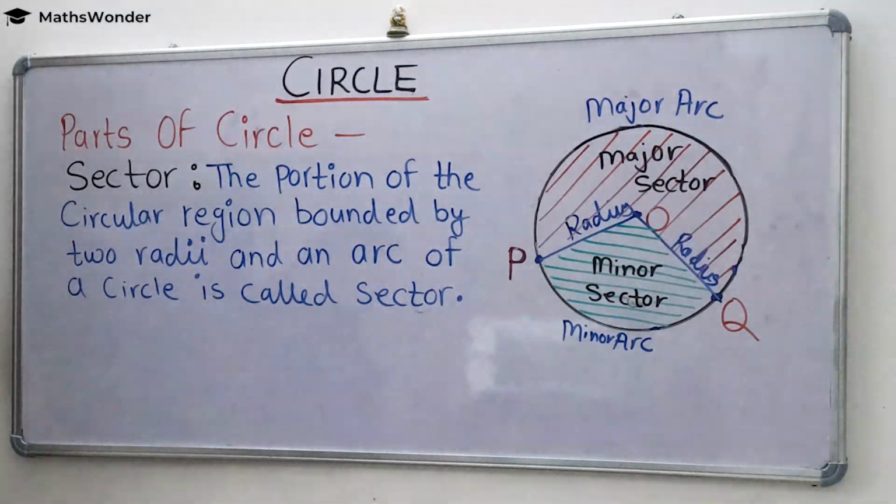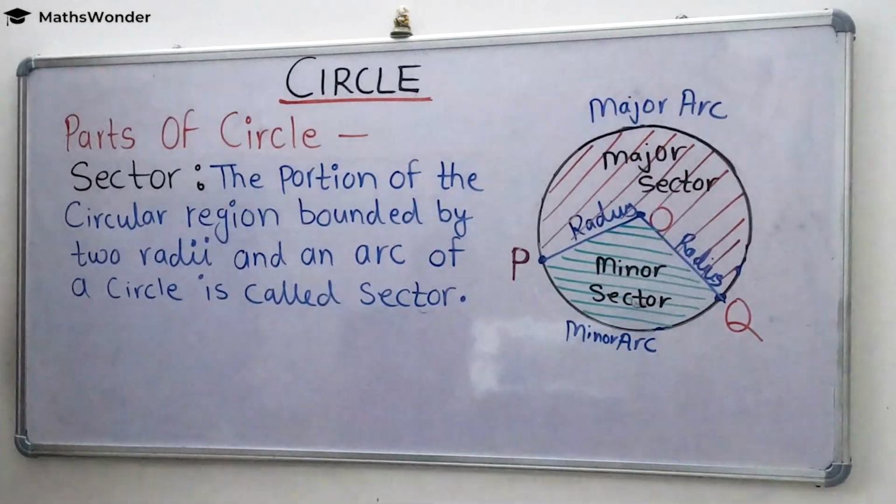Any confusion here? So PQ forms two sectors with the same pair of radii. The upper portion of the circle is the major sector, while the lower portion is the minor sector. That's done.